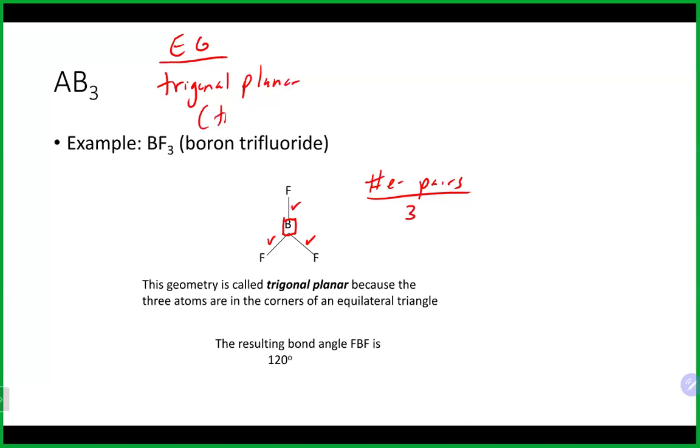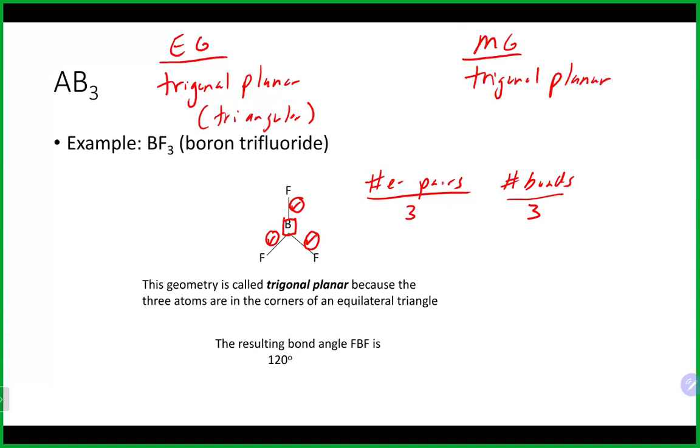This is also sometimes called triangular. Now, when we look at the bonds here, one bond, two bonds, and three bonds, it has three bonds. And the molecular geometry here is also going to be trigonal planar.